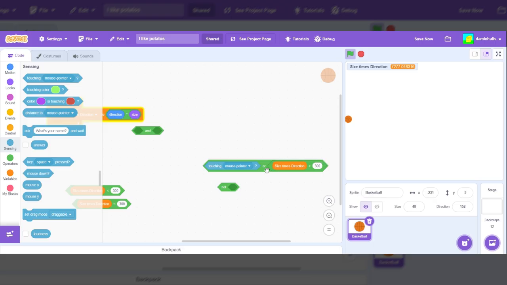And then there's not, which is: is it not touching the mouse pointer? True. This one confuses people.